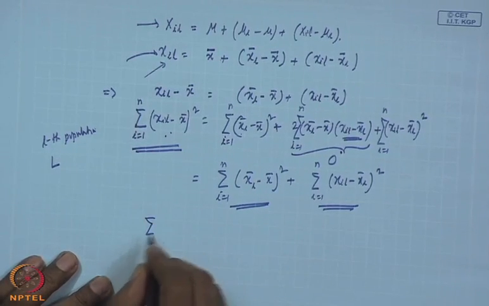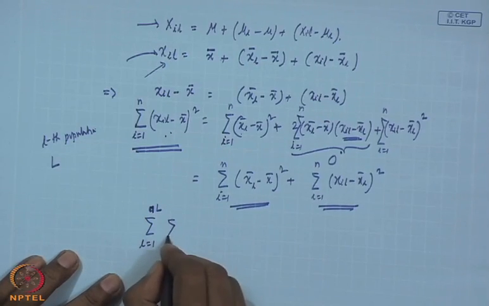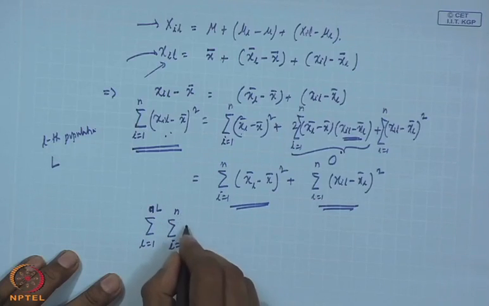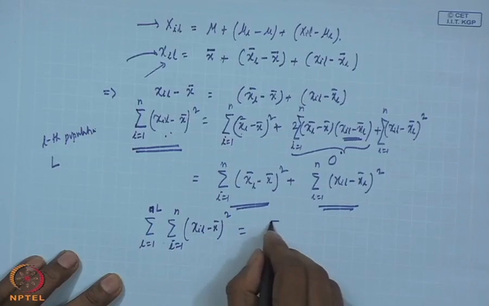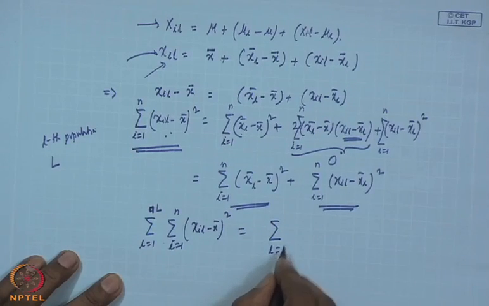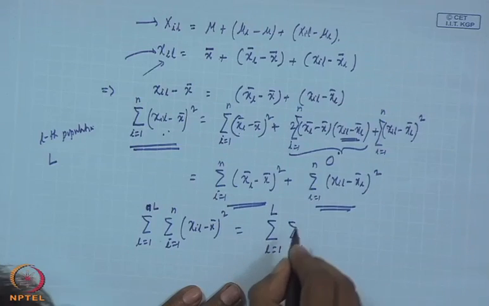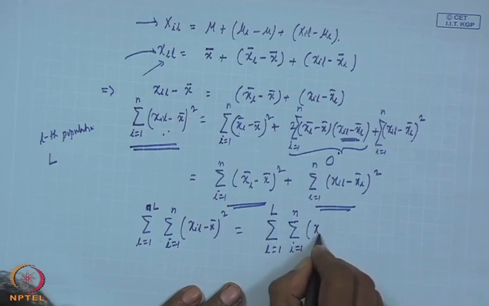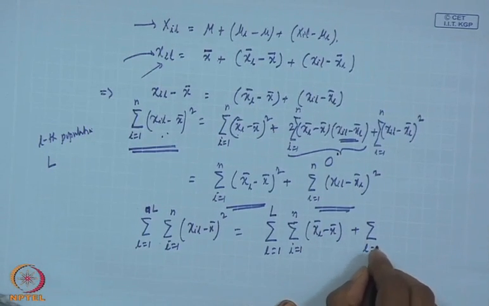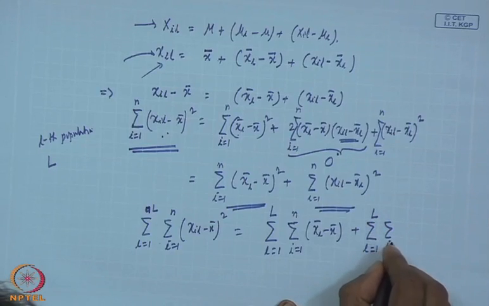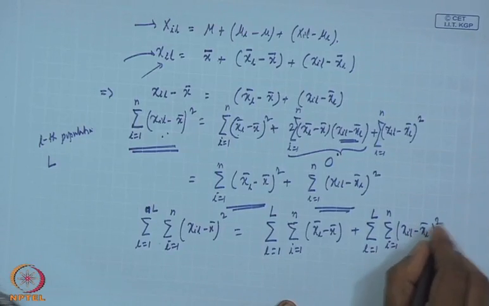You will write down the sum over L equal to 1 to capital L, sum total of i equal to 1 to n, (x_iL minus x bar) squared, equal to the sum over L equal to 1 to capital L, i equal to 1 to n, (x_L bar minus x bar) squared, plus the sum total over L equal to 1 to capital L, i equal to 1 to n, (x_iL minus x_L bar) squared, this is also squared.